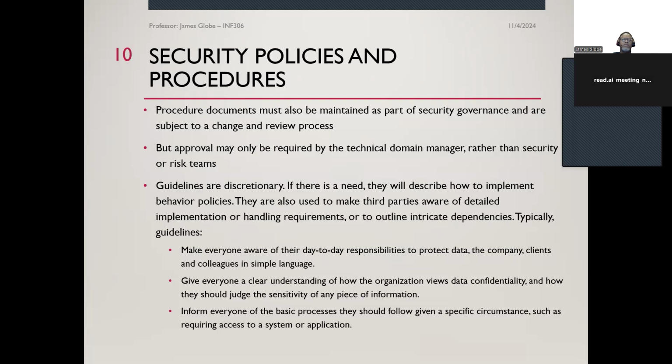Procedure documents must also be maintained as part of security governance because they could be a part of an audit. Guidelines are discretionary. If there's a need, they will describe how to implement behavior policies. They are also used to make third parties aware of detailed implementations and handling requirements, and to outline intricate dependencies.